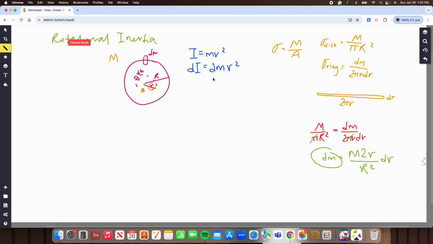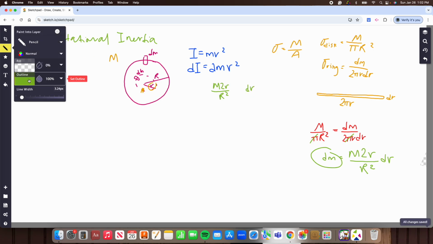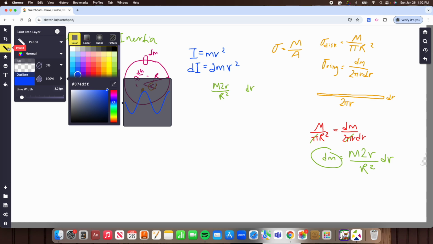So I'm going to write M 2r over R squared dr, and then we're going to write everything else.